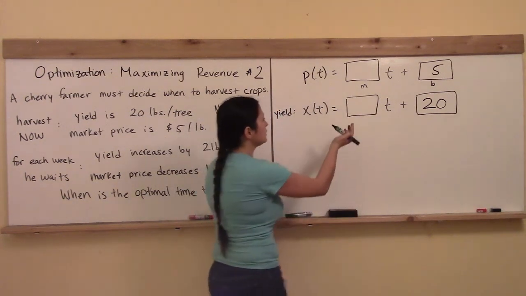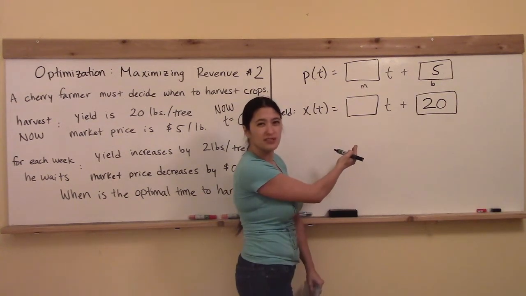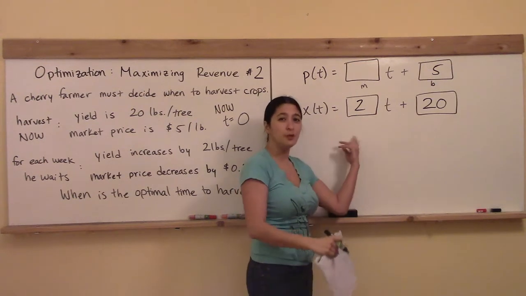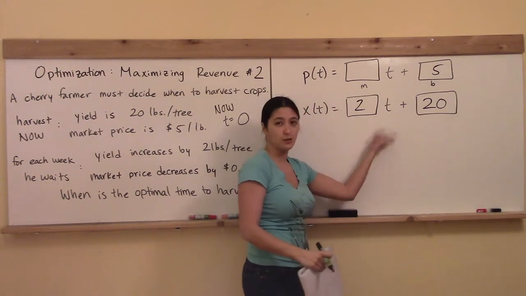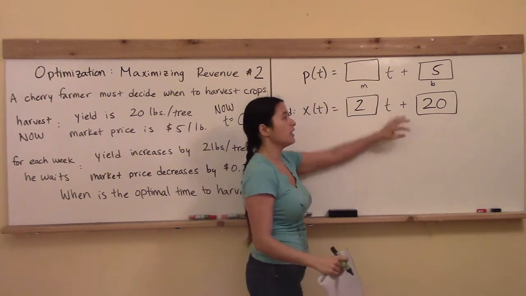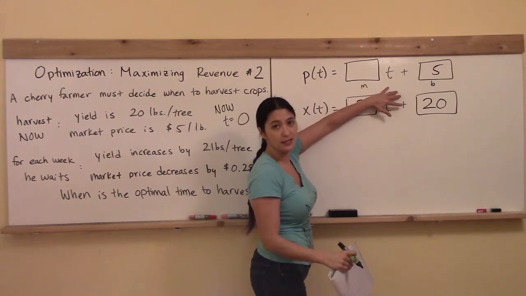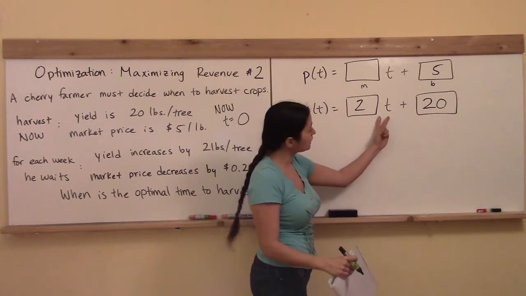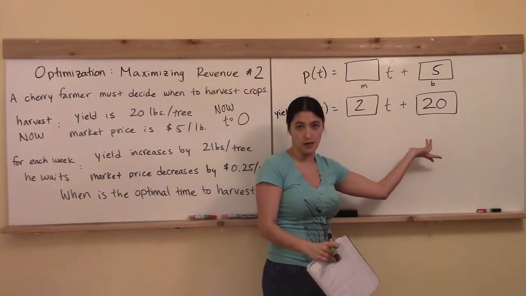So if that's the yield, what's the slope? What are they trying to say there? The slope is 2, exactly, because it's 2 pounds of increase per week that I wait. And it makes sense here because right now when t is 0, I get 20 pounds per tree. In 1 week, I would have 22. In 2 weeks, I would have 24, etc.